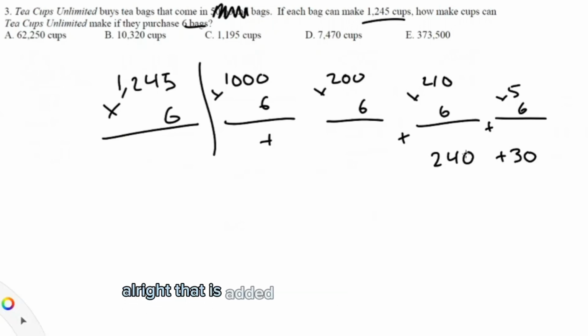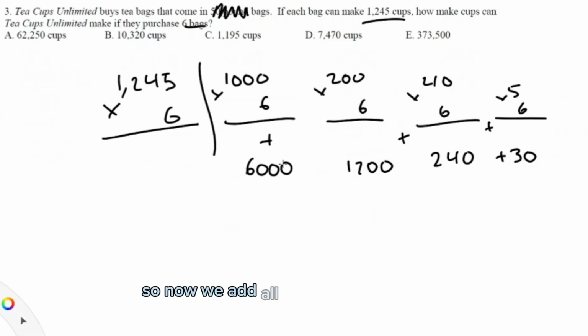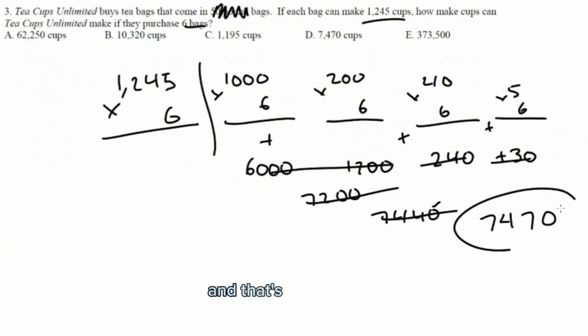Added to 200 times 6, which is 1,200. And then we have 1,000 times 6, which is 6,000. So now we add all these up. This is 7,200. This is 7,440. And this is 7,470. And that's your answer.